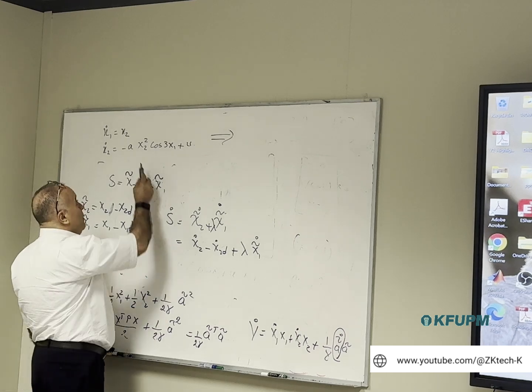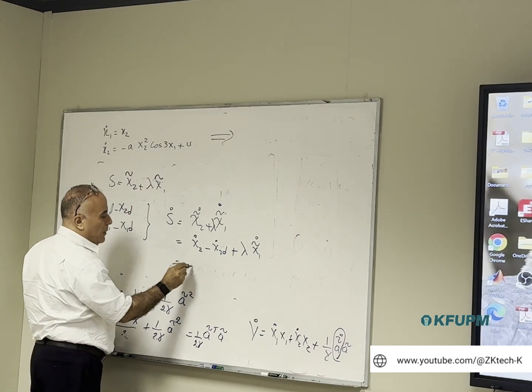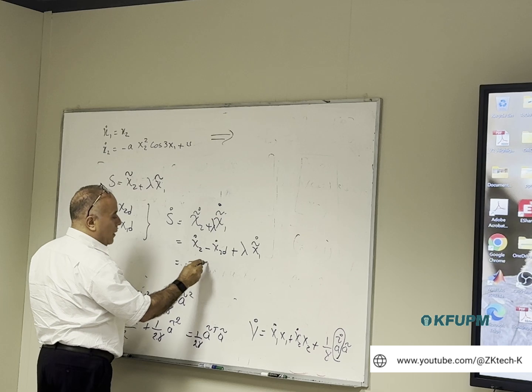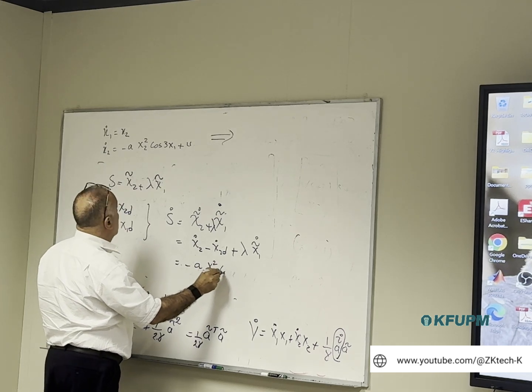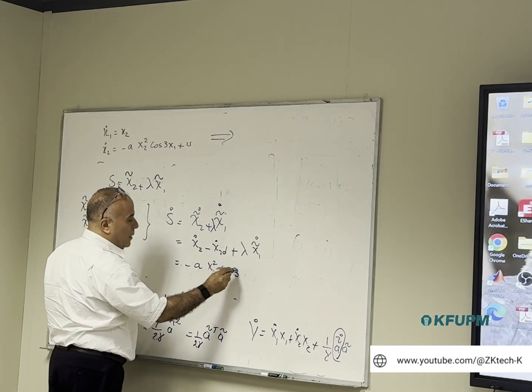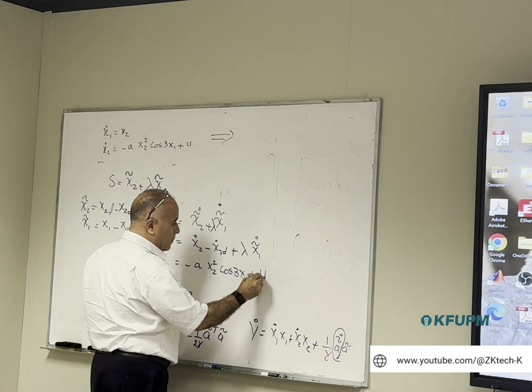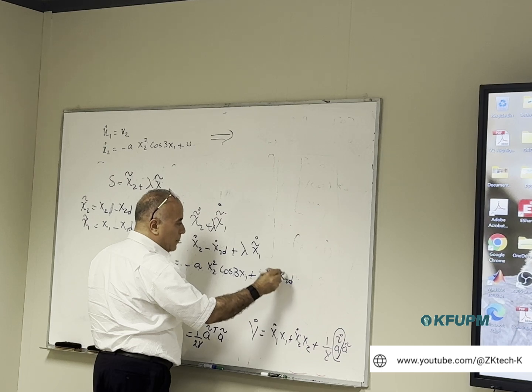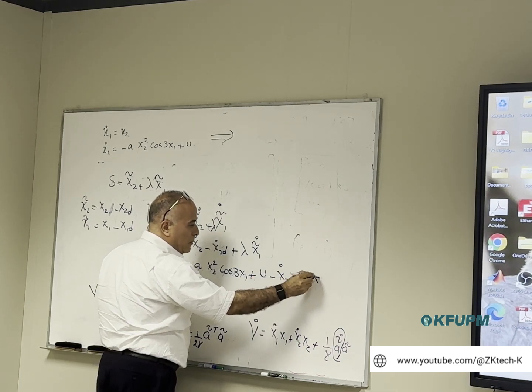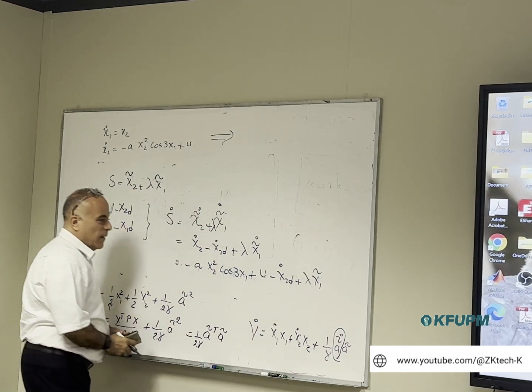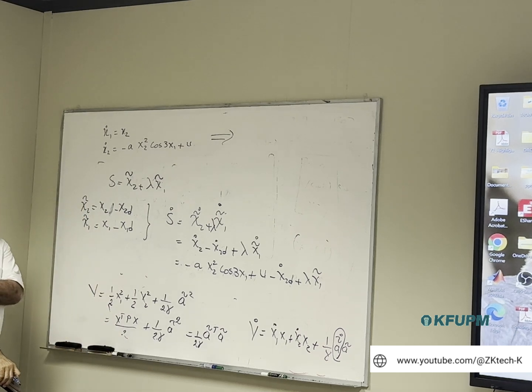This x2 prime is given by this equation here, so this will give me minus a x2 squared cosine of 3x1 plus u minus x2 desired prime plus lambda x1 tilde prime. Make sense? Which one is that? Lambda x1 tilde prime, the last one. Ah, the last one, yes.